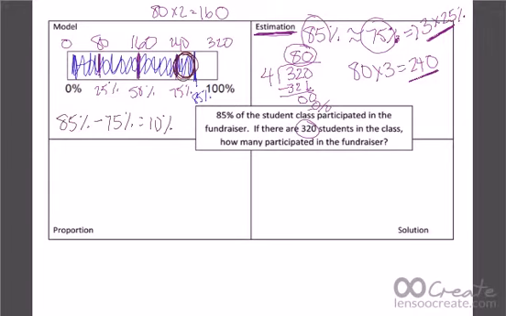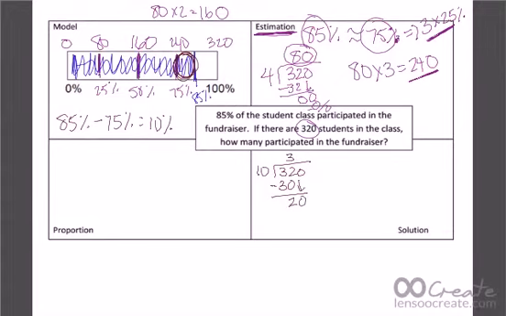So 10% is 1/10. So I'm going to come over here and divide 320 by 10. 10 goes into 32 3 times because 3 times 10 is 30. 32 minus 30 is 2.